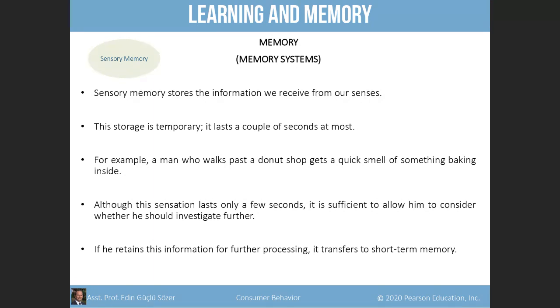So a nice jingle or music of a brand or company in an advertisement goes through our sensory memory for further processing. Or like a smell, for example. If we smell something, this goes to our sensory memory as the smell of something.